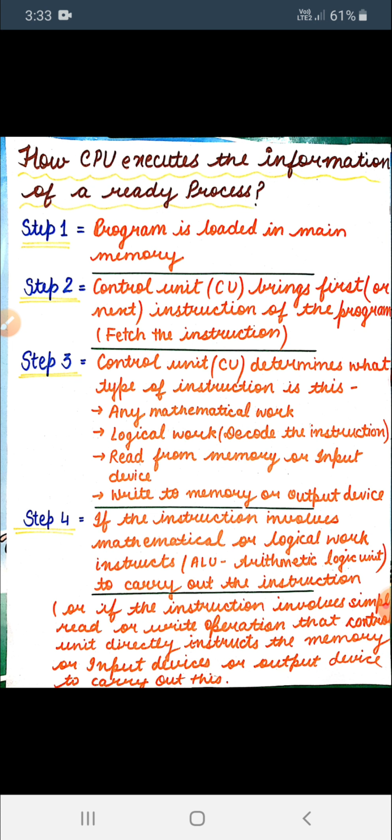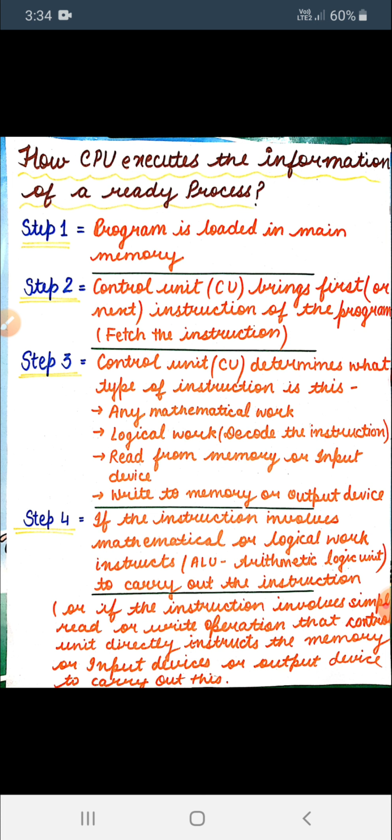Third step, the CPU now determines which type of instruction it is. Which type of instruction means any mathematical work required, a read from the memory or use of the input device, or any logical work. Logical work means greater than, less than, greater than or equal to, less than or equal to, or any comparison, and write to the memory or requirement of an output device.